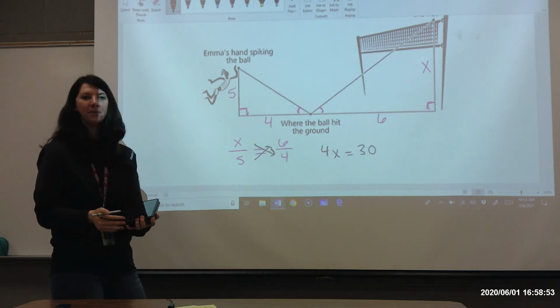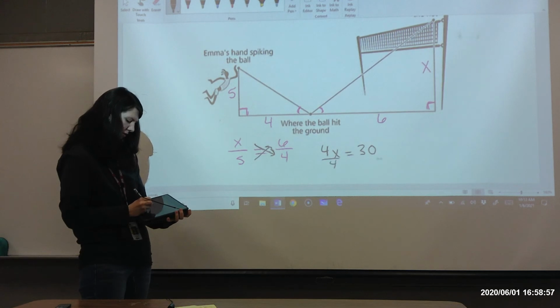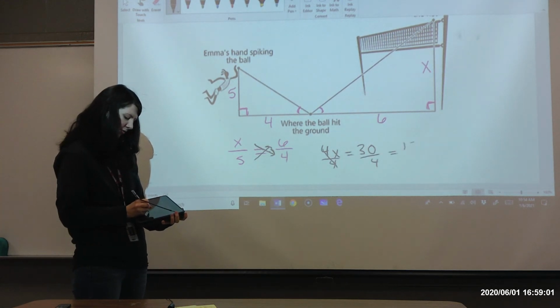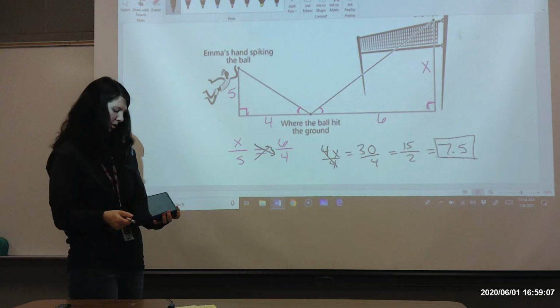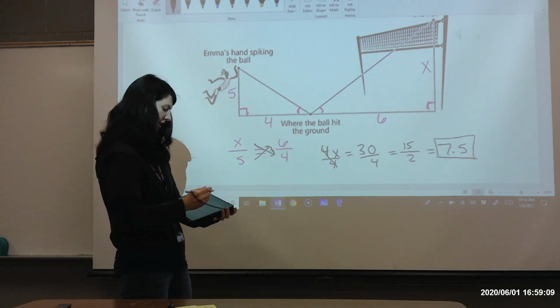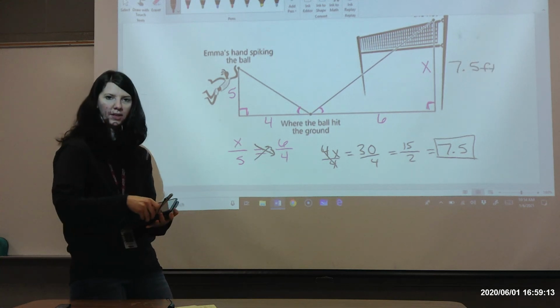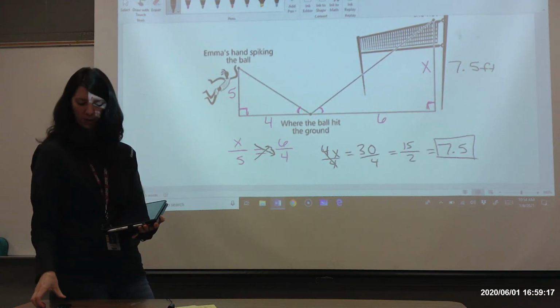And what would x be? Divide by 4. All right. And 30 over 4 is the same as 15 over 2, which would give us 7.5. All right. So we have found that the net is 7.5 feet tall. Anytime you're doing a word problem, make sure you relate it back to what the problem is talking about.